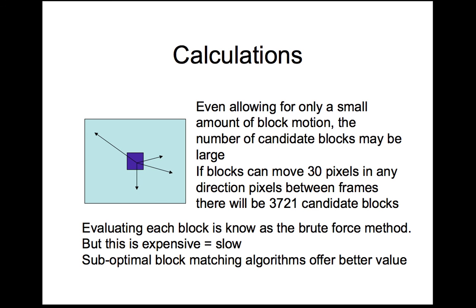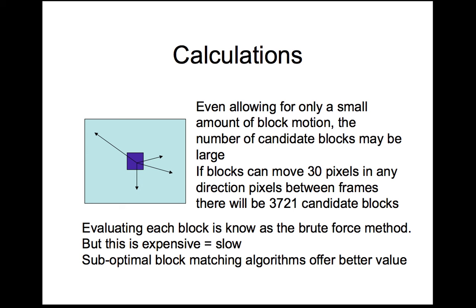So even if you only allow a block to move a small amount, the number of candidate blocks you have to look at can be quite large. So let's say we had an image, maybe 1080 pixels by 900 high or something, that's our screen. And if we said between one frame and the next, we're only going to allow a block to move 30 pixels in any direction.